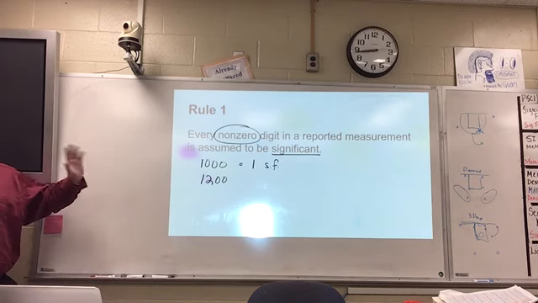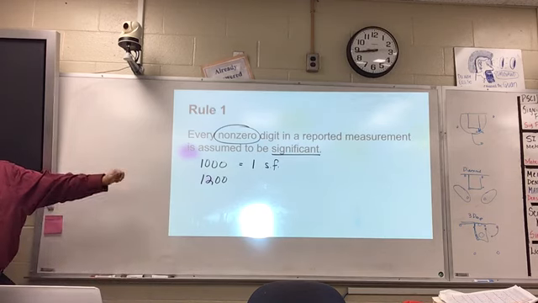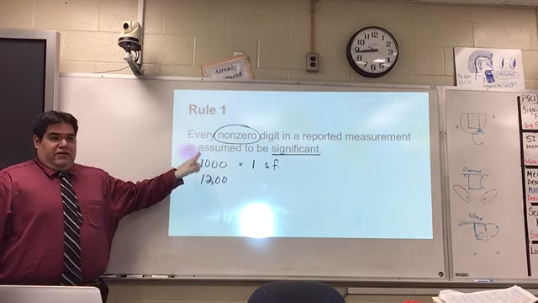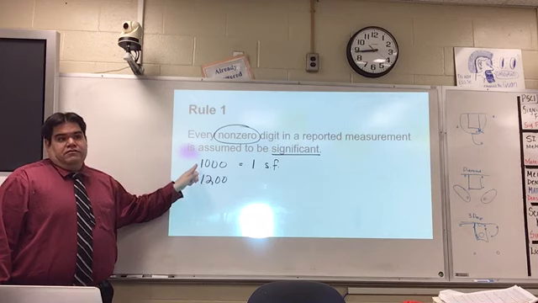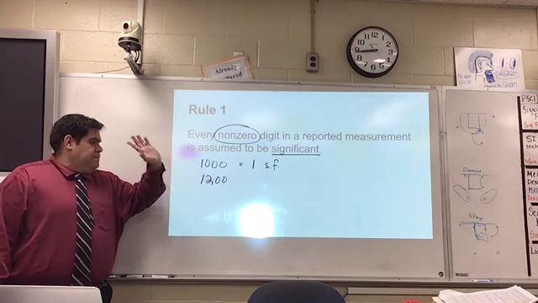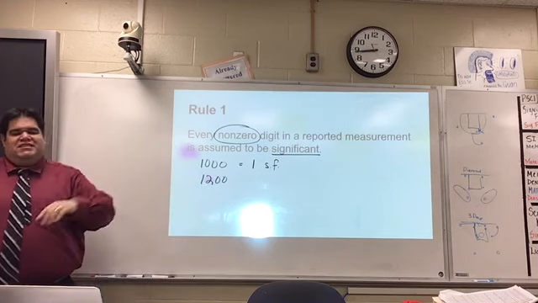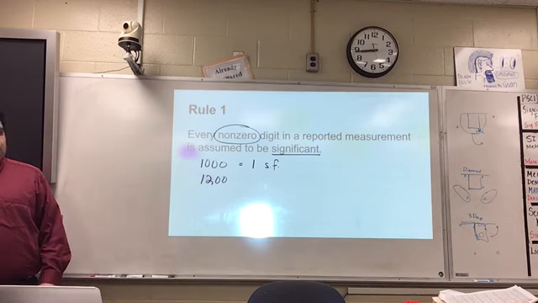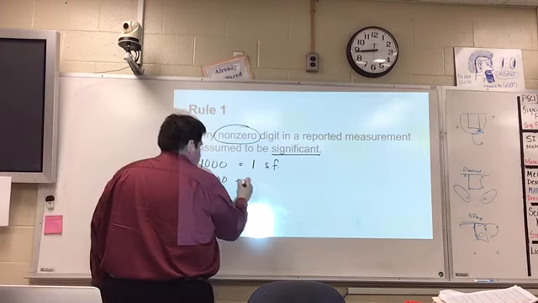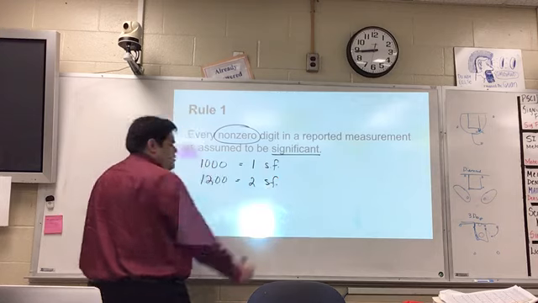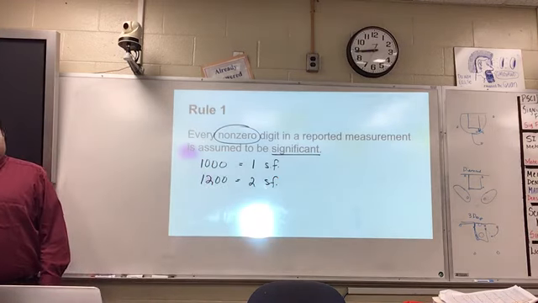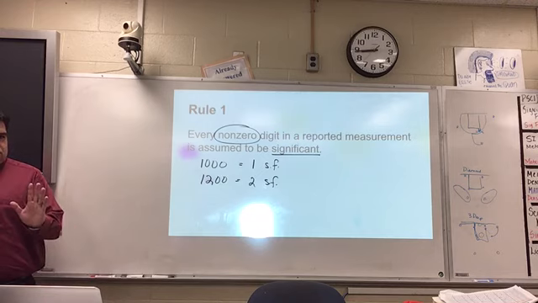So now, Zyquez, now that I've adjusted that, because there's only one non-zero there, it only had one significant figure, right? Here's your new number. How many significant figures are there? 2. All right. And just to make sure you're looking at the same thing I'm looking at, who are the 2 significant figures? 1 and 2. Everybody good with that?